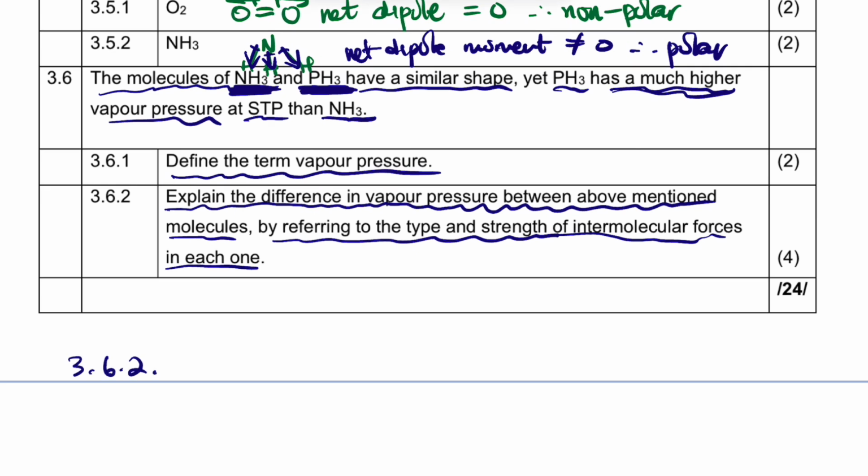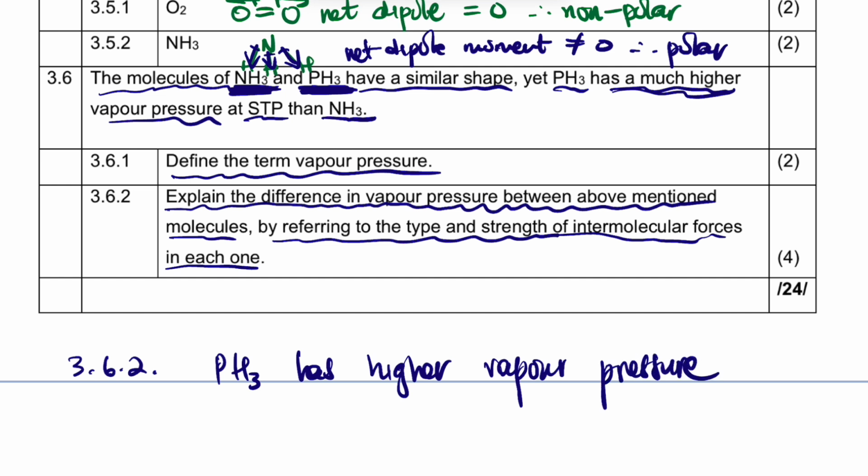3.6.2, the first thing you'll say, PH3 has a higher vapor pressure. It's not mentioned there. It says they have a similar shape, but yours has much higher vapor pressure. So this one has a high vapor pressure.